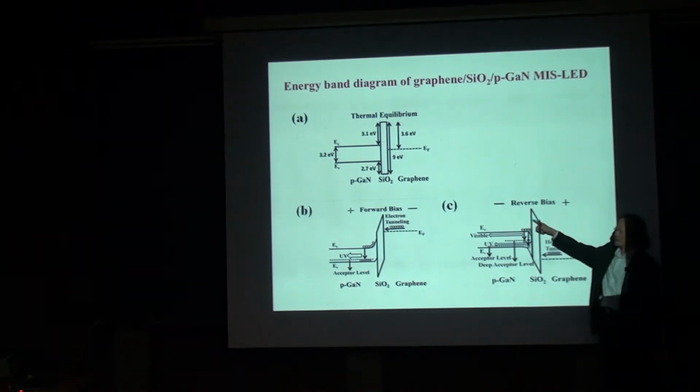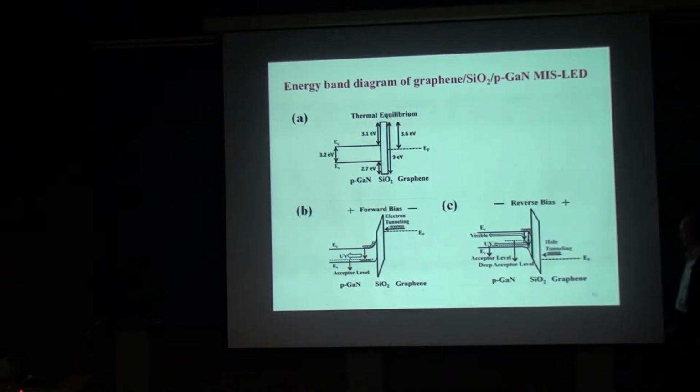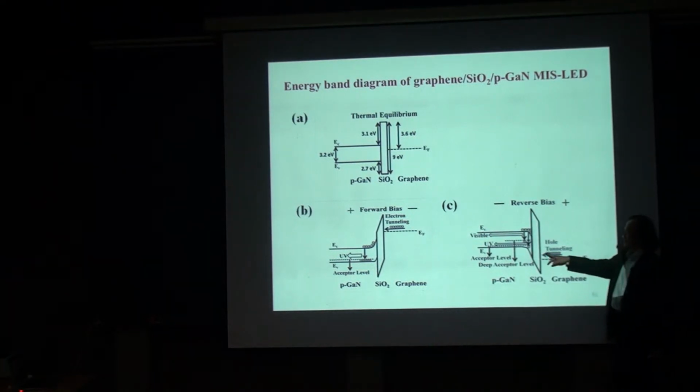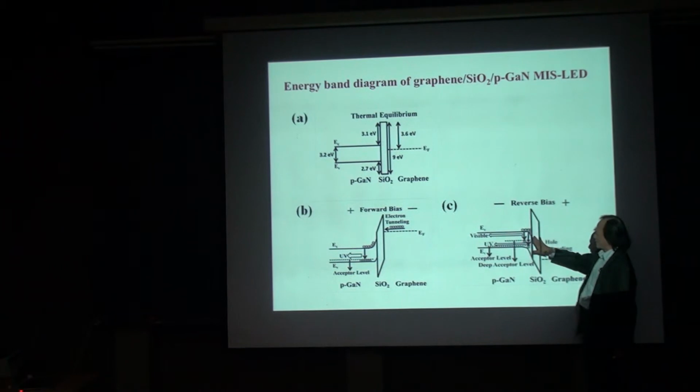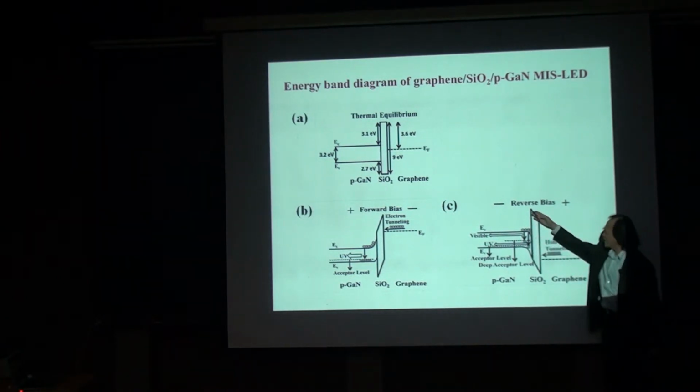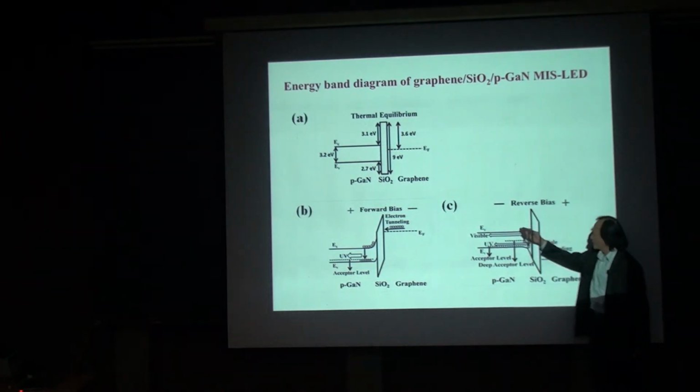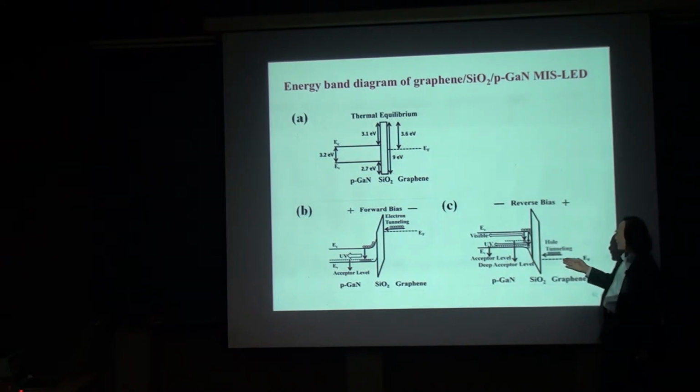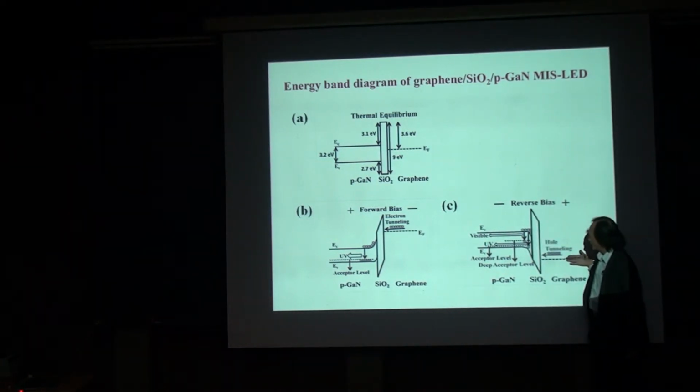So this is the working principle. You see, it's very simple. You just apply an external bias and accumulate the charge carriers near the surface, and the charge carriers that tunnel through the insulating layer recombine with them.